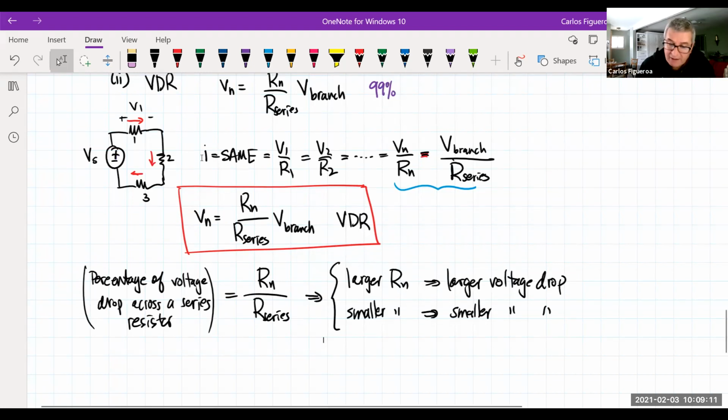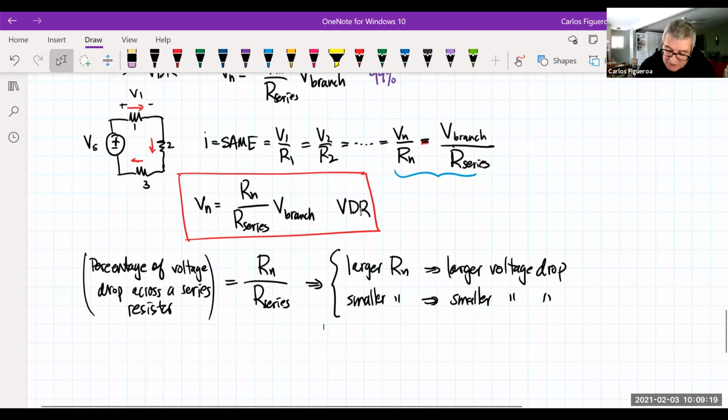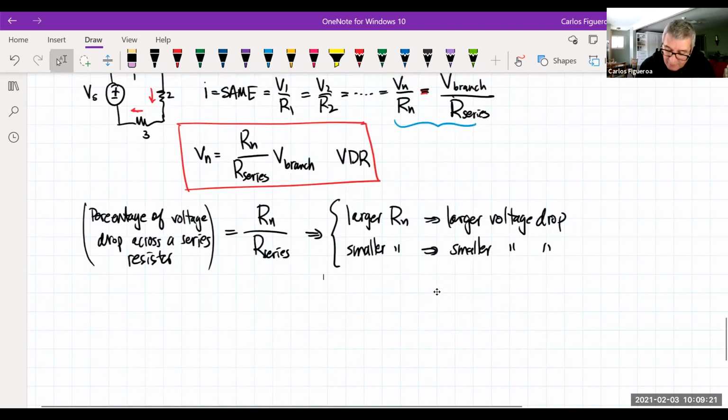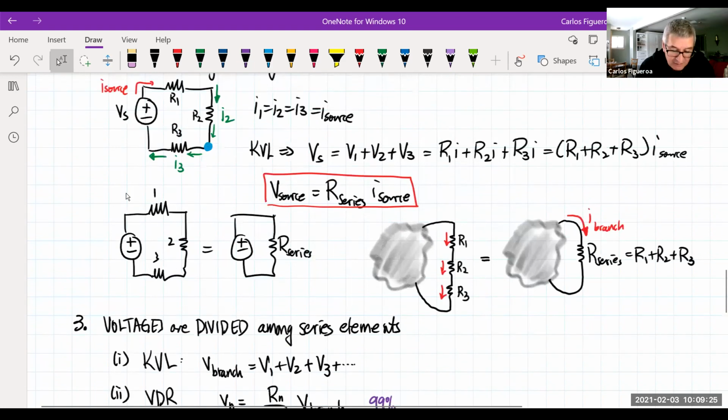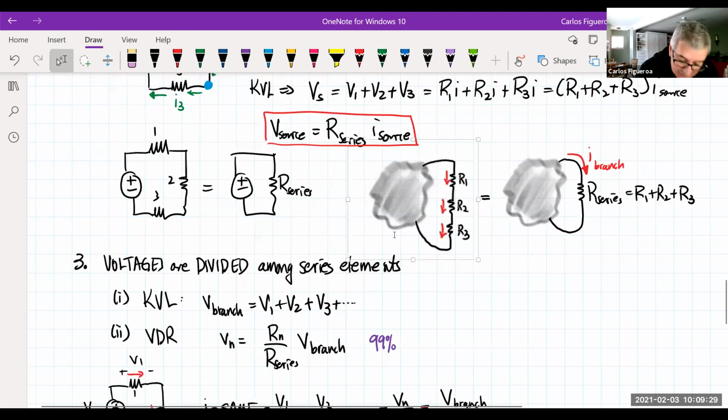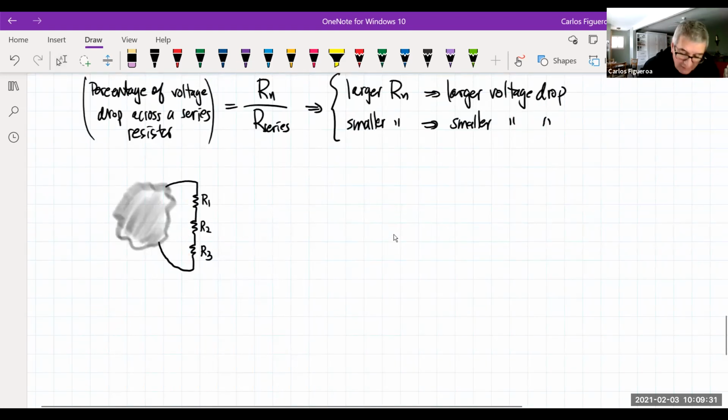But let's go back to KVL and talk about the branch. What I did here was use this circuit right here, and I want to think about a branch. I'm looking at my series circuit, so I have a series branch.